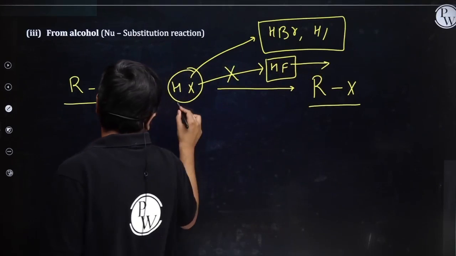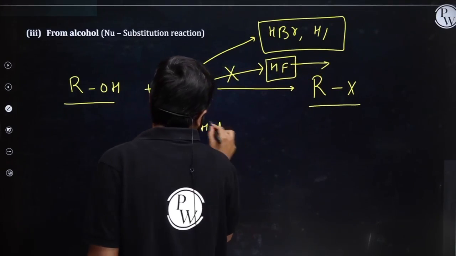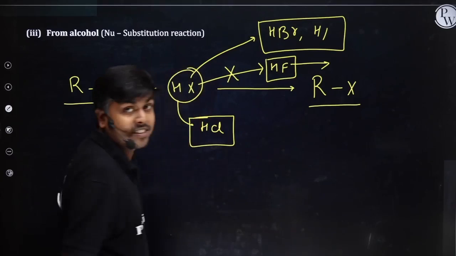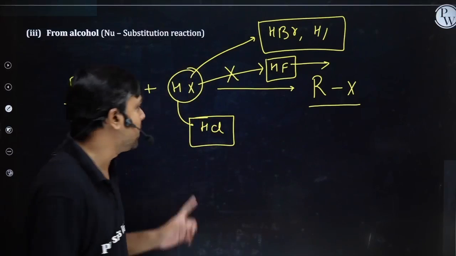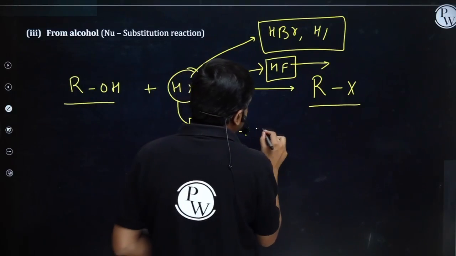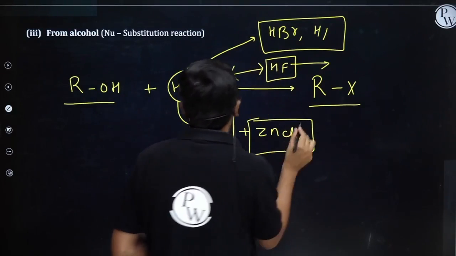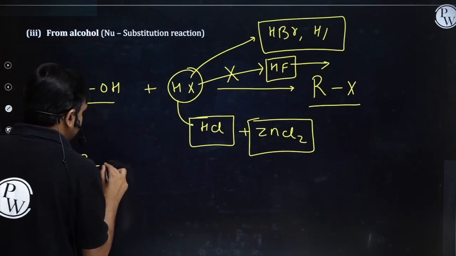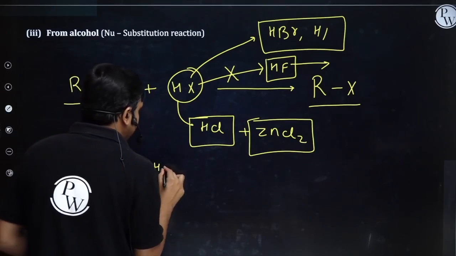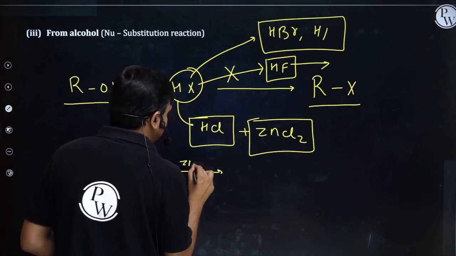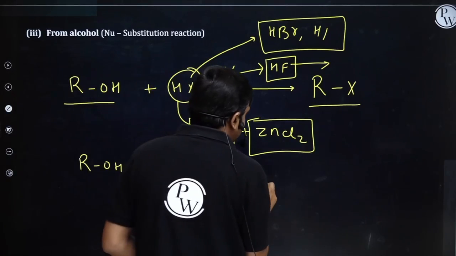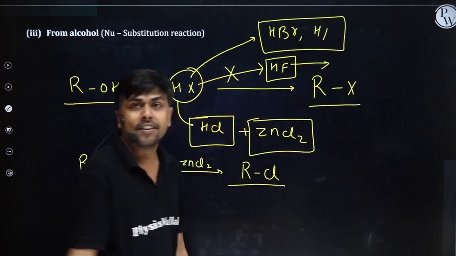If this HX is HCl, then we have studied it, the Lucas test, right? In the chapter on alcohols, HCl is taken with ZnCl2. If alcohol is treated with HCl in the presence of ZnCl2, in that case we get RCl, turbidity, right?